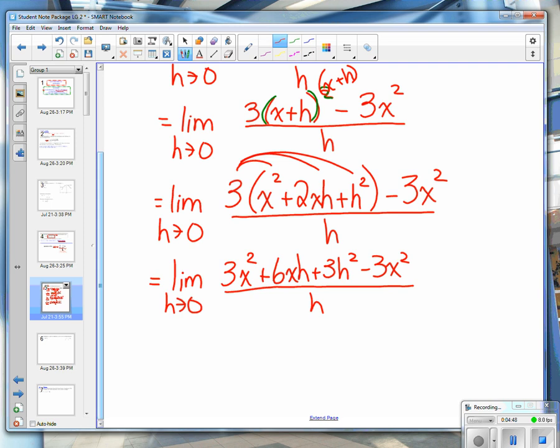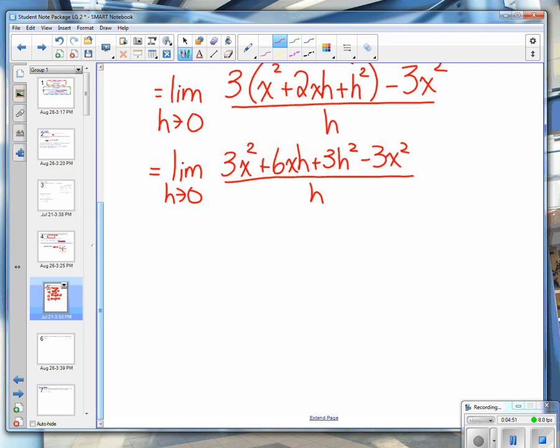And what you should always notice is that things are going to start to cancel out once you get to this step, here and here. So I've got limit as h approaches 0, 6xh plus 3h squared over h.